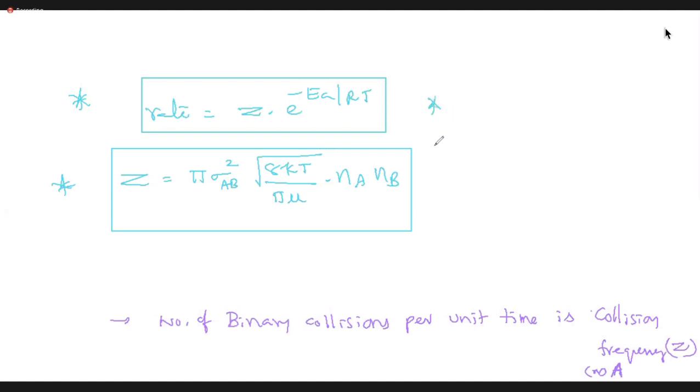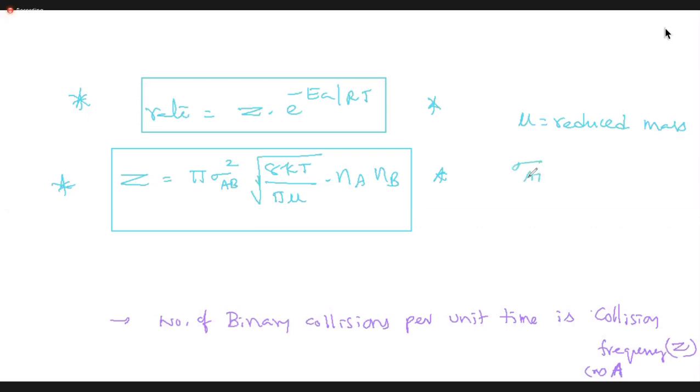Sir, is it the whole root or only 8 KT? Only 8 KT by pi mu is under the root, Na Nb outside. Mu is called reduced mass.